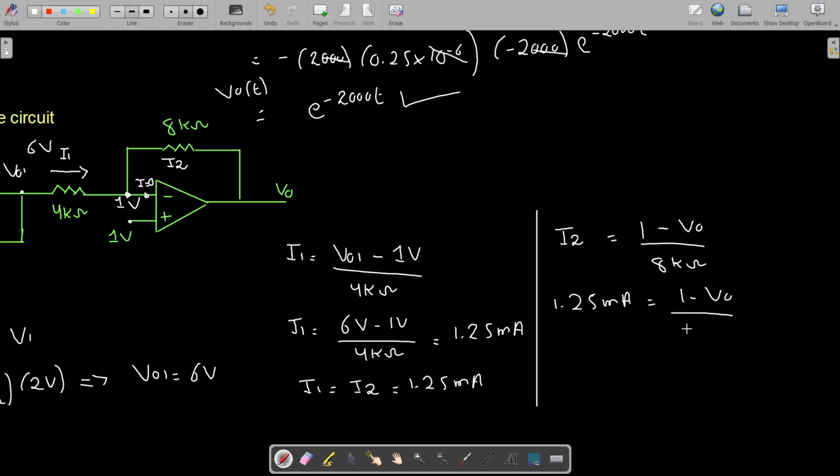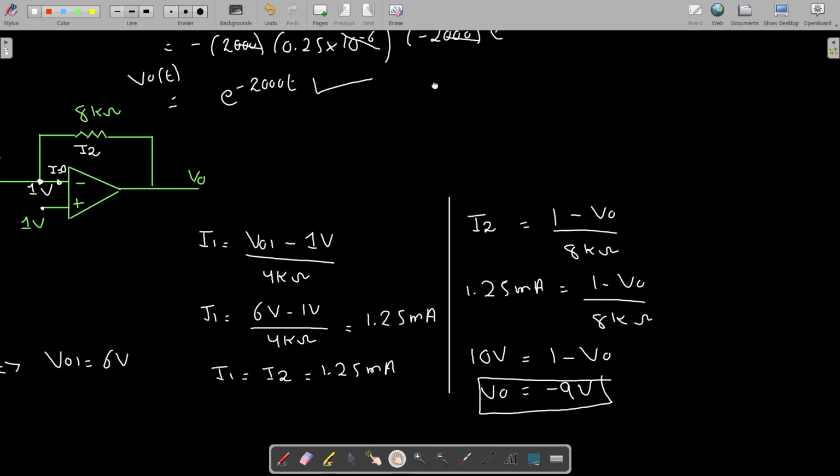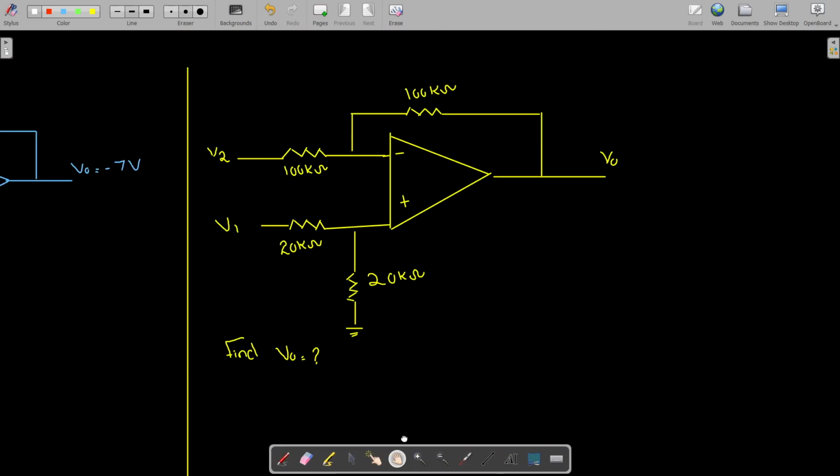So 1 minus V naught divided by 8 kilo ohm. Now 1.25 multiplied by 8 kilo ohm is 10 volt. Fine. So we have 10 volt is equal to 1 minus V naught, which means that V naught is equal to minus 9 volts. This is your answer of this question, that V naught is equal to minus 9 volts. So let us move to the next problem.